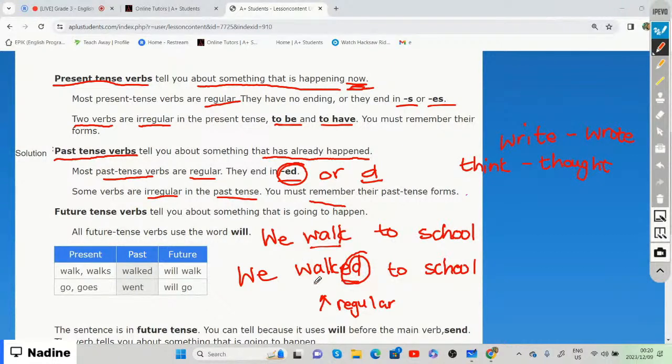Does that make sense? Does anybody not understand?